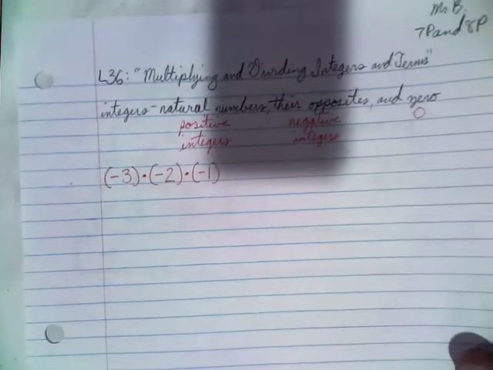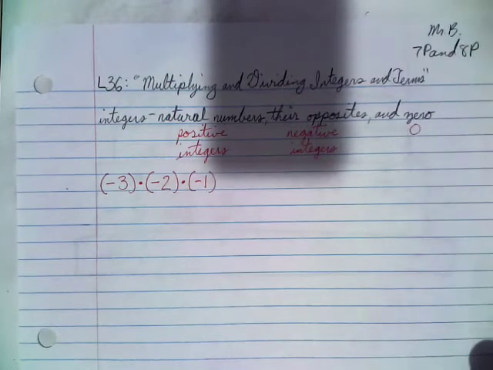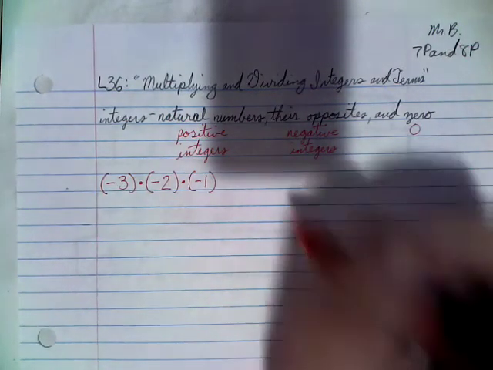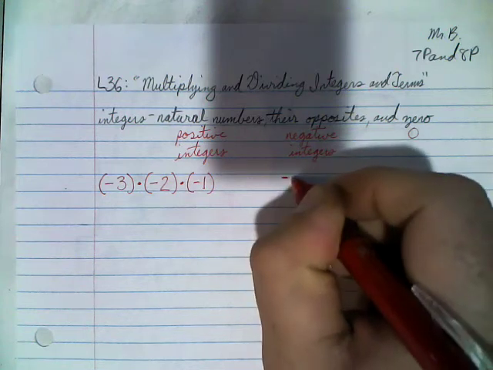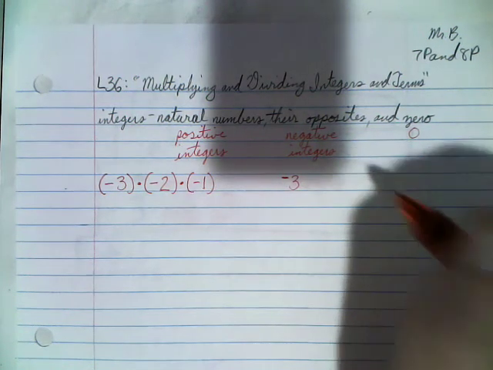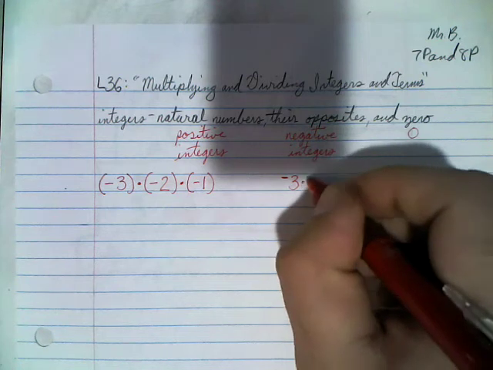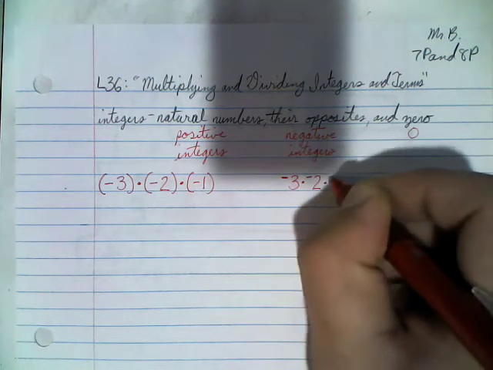Essentially what we have here is, if I were to rewrite this without the parentheses, I might try to get my negative signs up so that they're obviously not minus signs. So a -3 times a -2 times a -1.